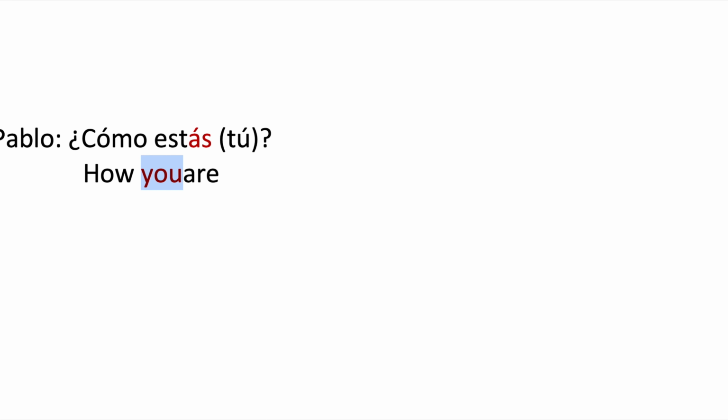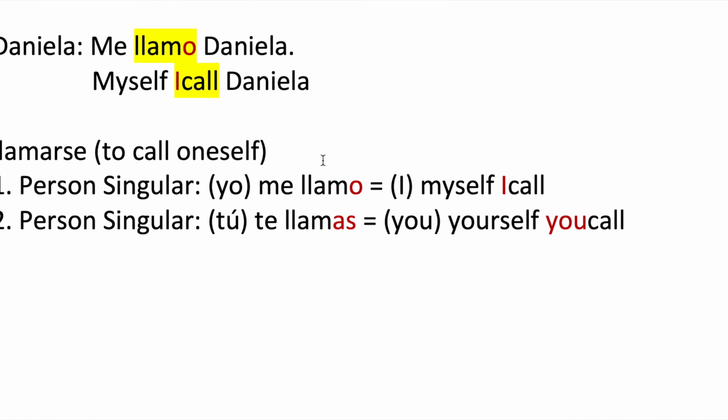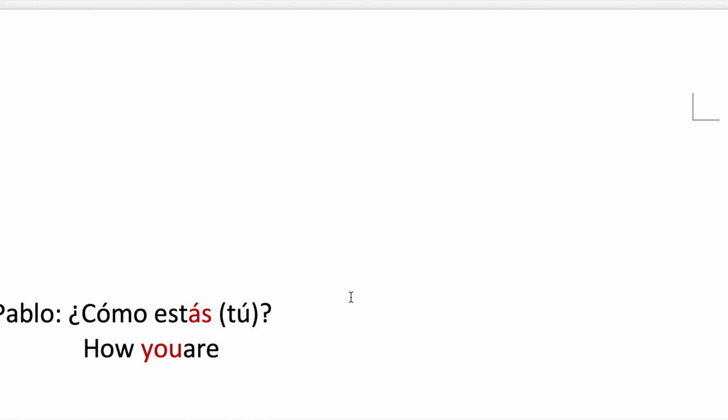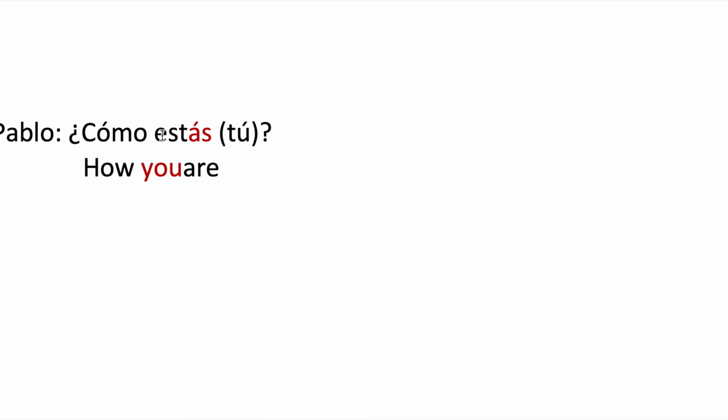As we saw, if we go back to llamarse, tú te llamas. You see the as, and this is the second person singular, the you form. So when you address somebody, you use the as form, at least for these verbs. Estar is also a verb ending in ar, so you also have the as form at the end, indicating that you're talking to the other person.